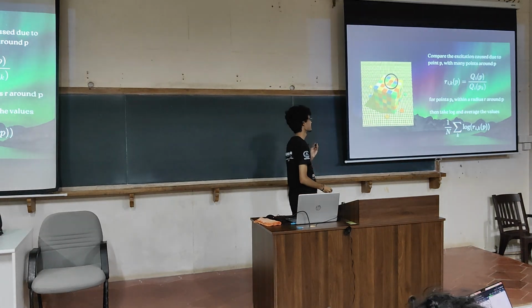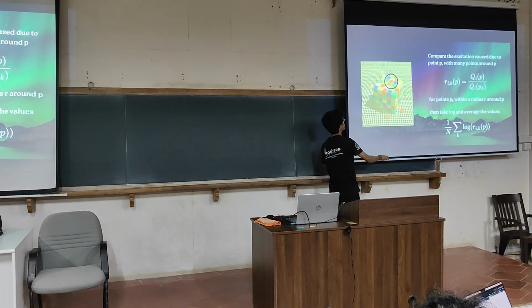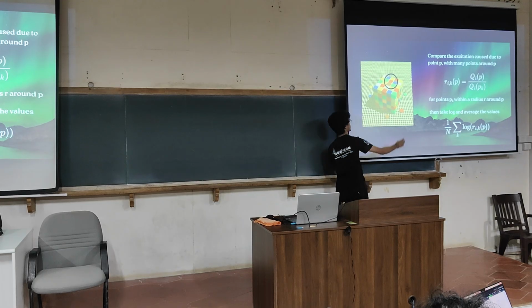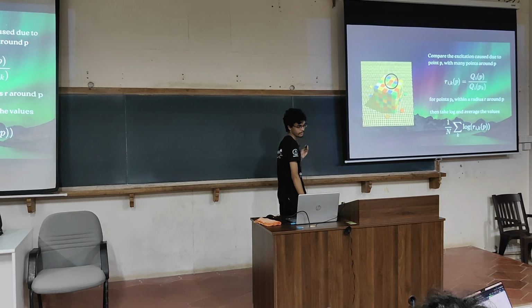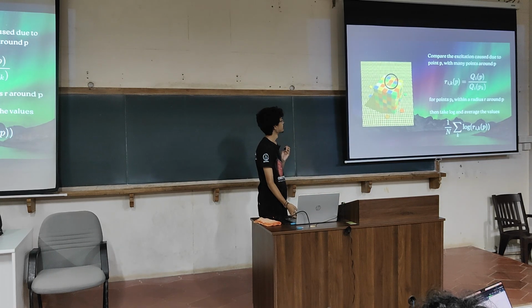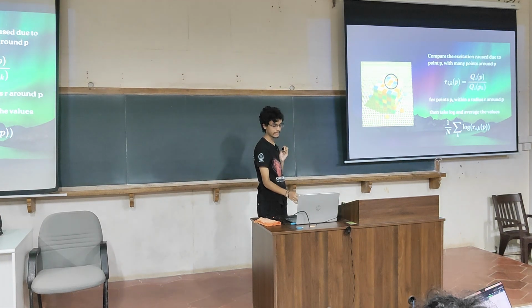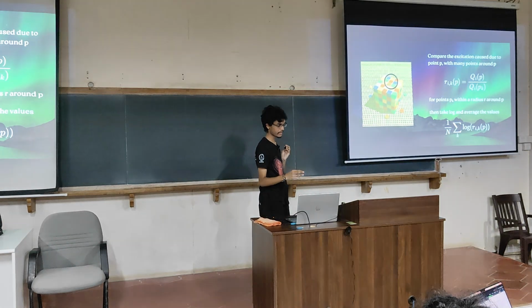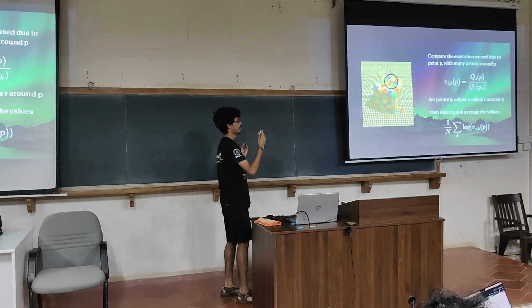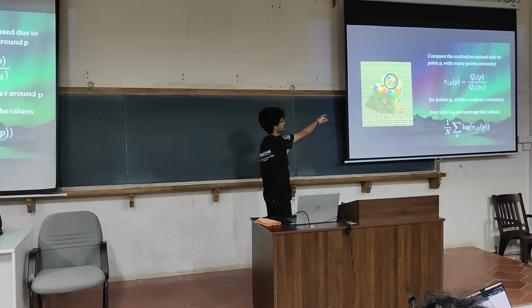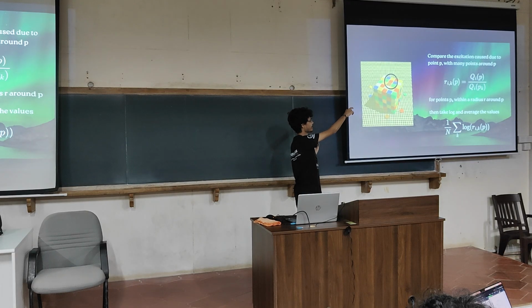But it doesn't just use one reference point, it will take all the reference points across the image, within that circle there, and use all the points to compare how much the point that you're looking at is exciting your cones relative to all the other points.